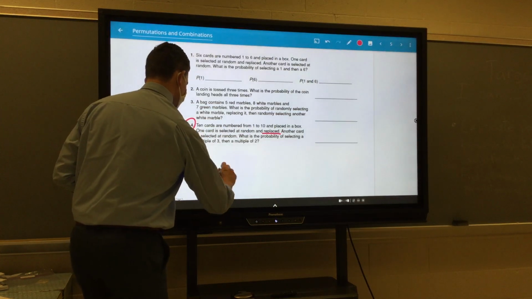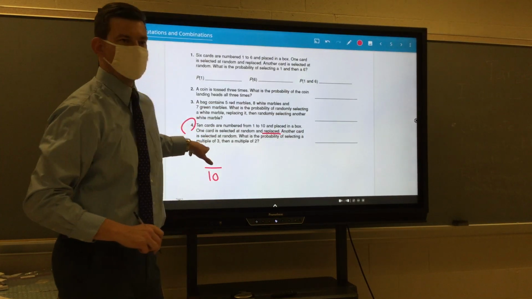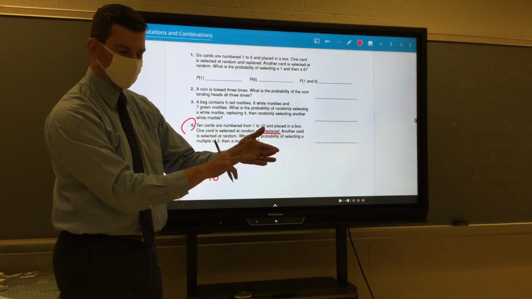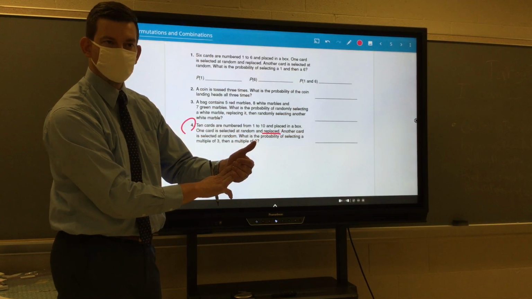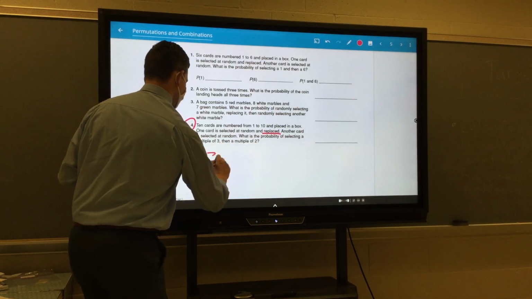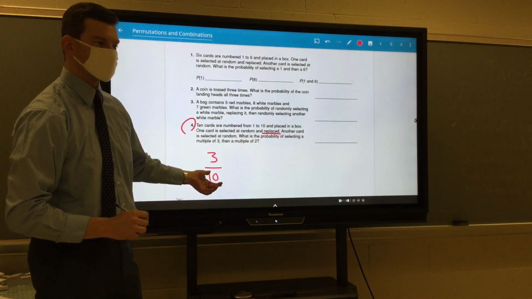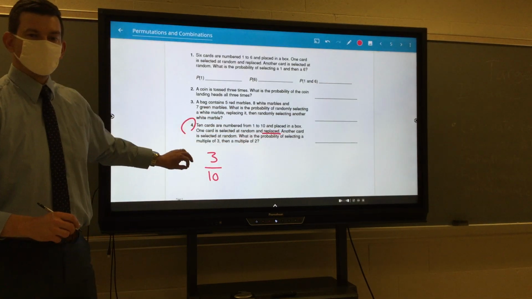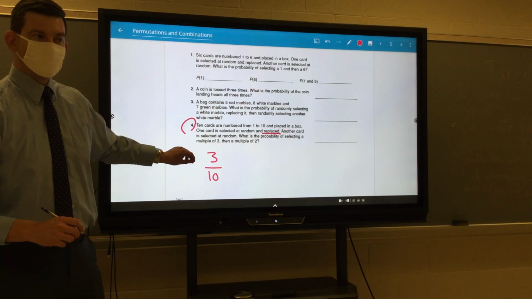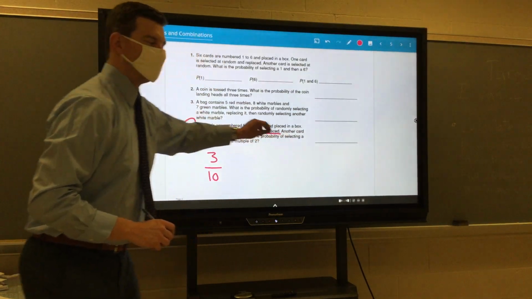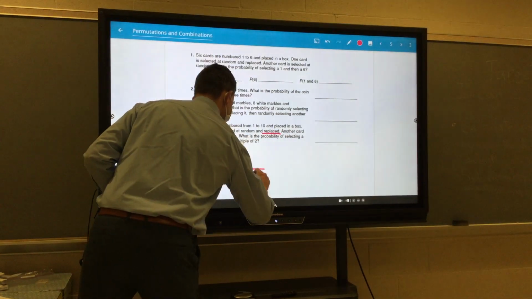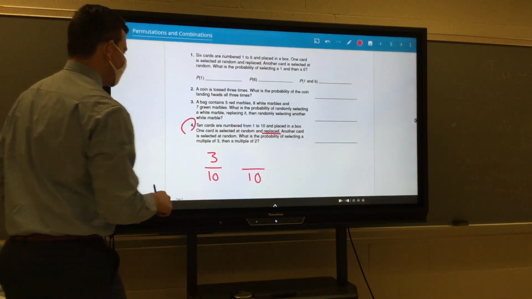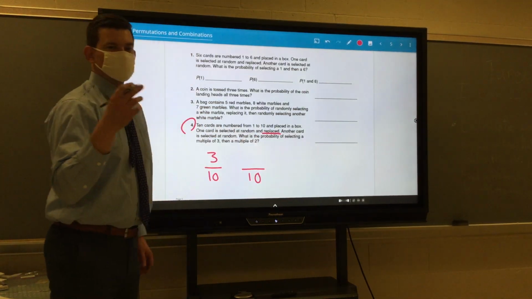Well, 10 cards for our first selection. We want a multiple of 3. So that would be 3, 6, or 9 in this range of numbers. So 3 possibilities out of those 10 cards. Now, it is important that once we make that first selection, it is then replaced, because for that second selection, we're still picking from 10 cards, and there we want a multiple of 2.